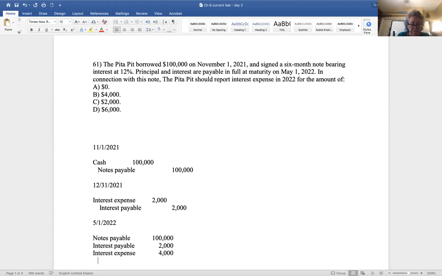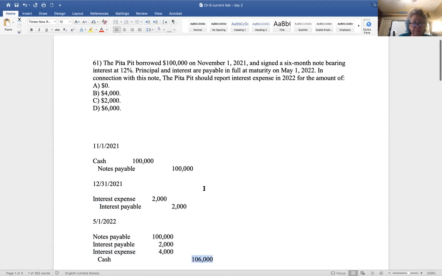Nice job. Okay, so this is where we get the interest expense of 4,000 in 2022 and interest expense of 2,000 in 2021, but we're actually paying the interest expense in 2022. So nice job on that.